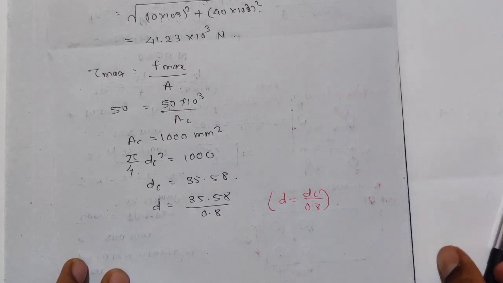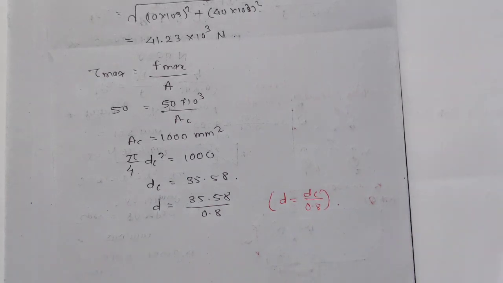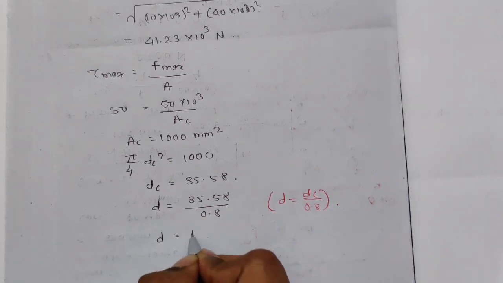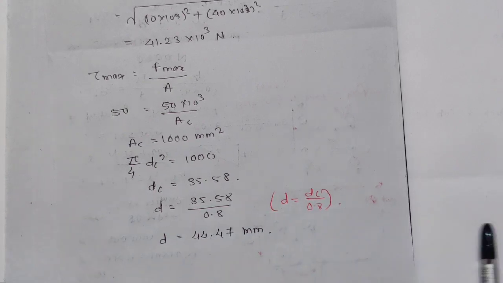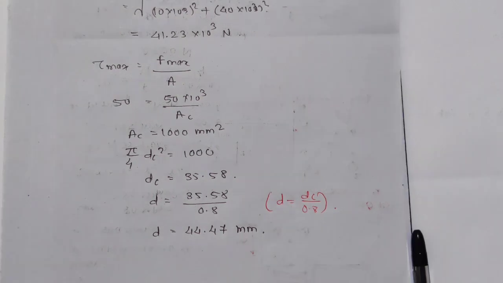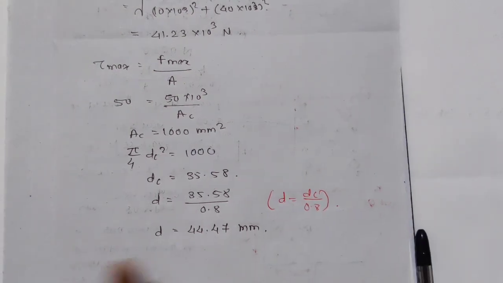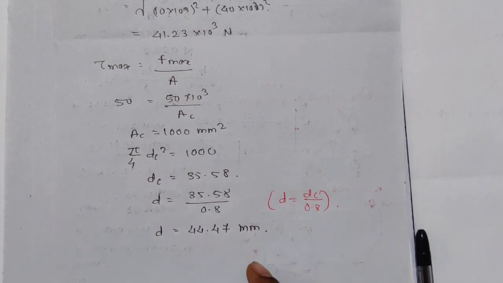From this you can find d, and d will be 44.47. So we are done with the problem. Now we don't have to write like selecting M30 bolt or M36 bolt. We can select only when they are in the coarse series, that is 5.42. We are just done with the problem.